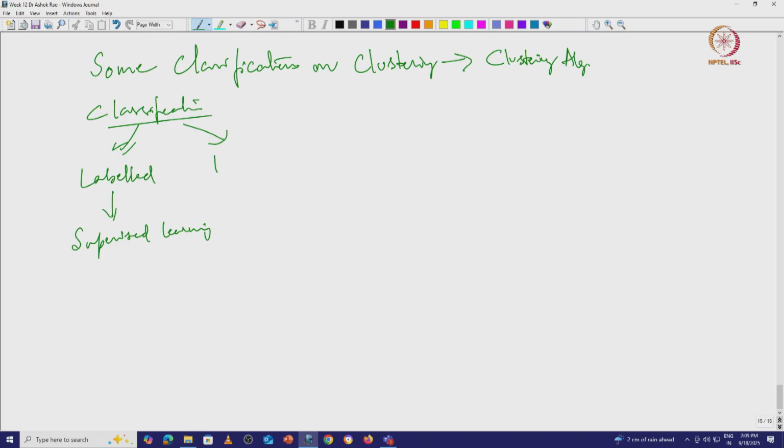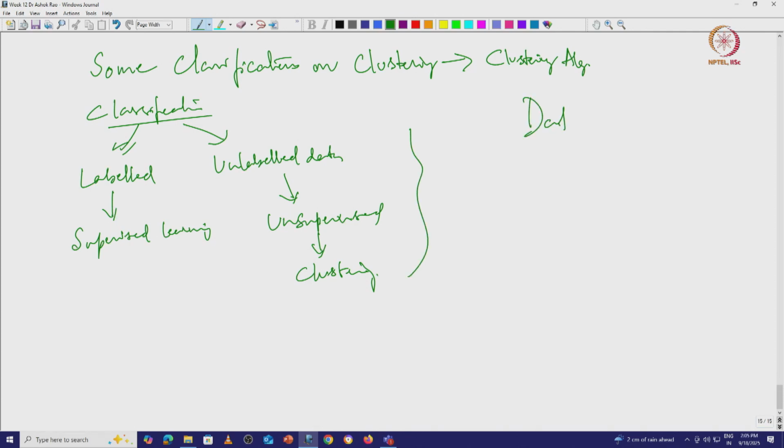When you have unlabeled data, we do unsupervised, which is also called clustering. So, basically you have data, you have labeled and unlabeled. There are also other cases which are partial labeling, we will not look at that.